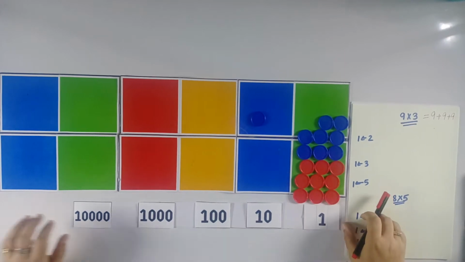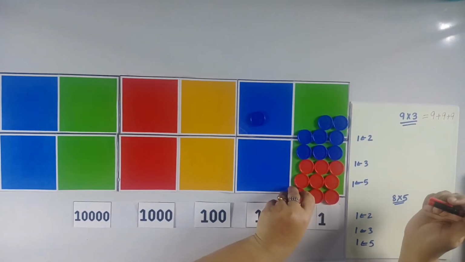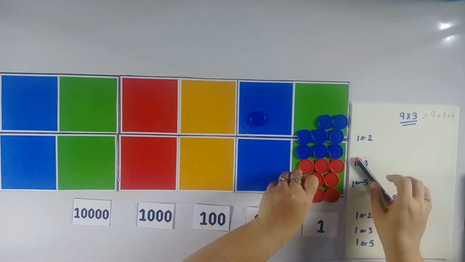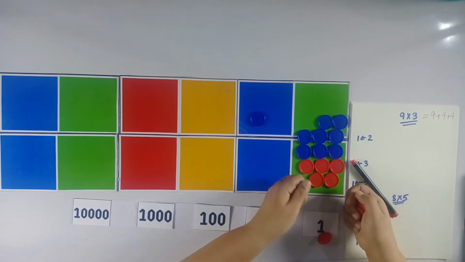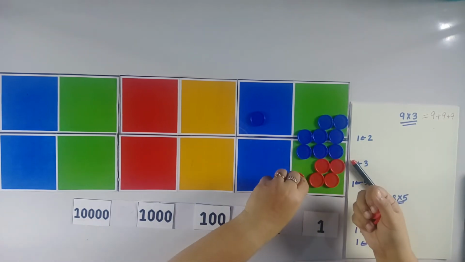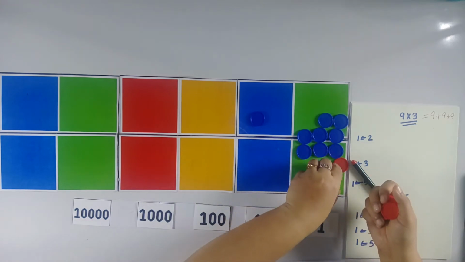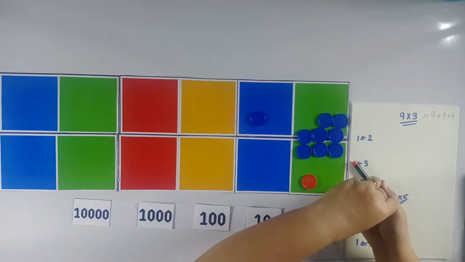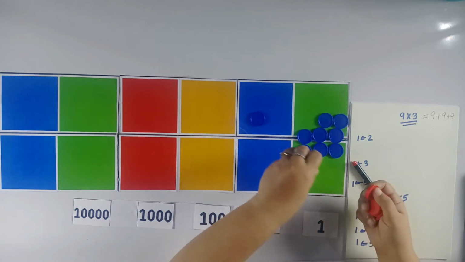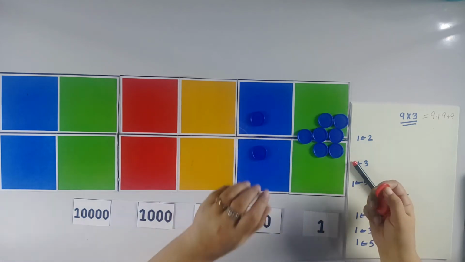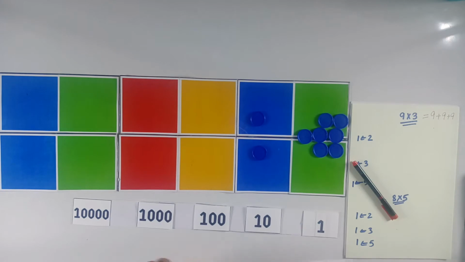Okay, and what about these? So I can take 1 2 3 4 5 6 7 8 9 and 10, and I can put 1 here, and that which has been exploded.